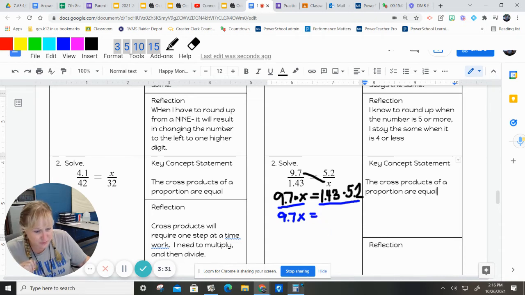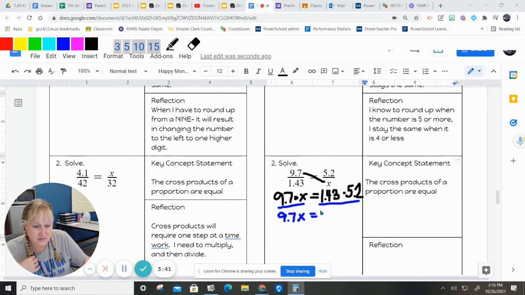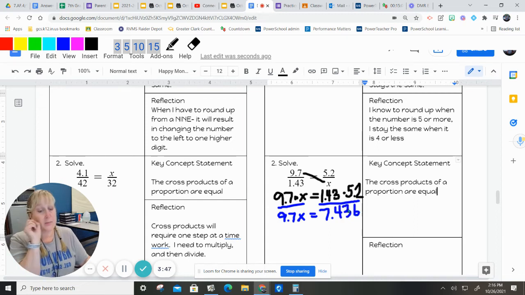This side, I'm going to use my calculator. 1.43 times 5.2 is 7.436. So that's step 2. Multiply out what you can.